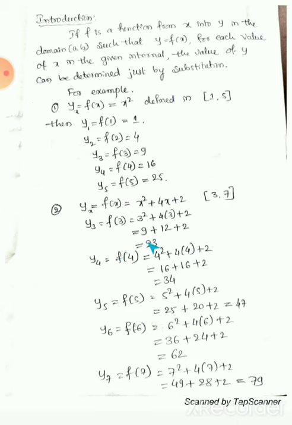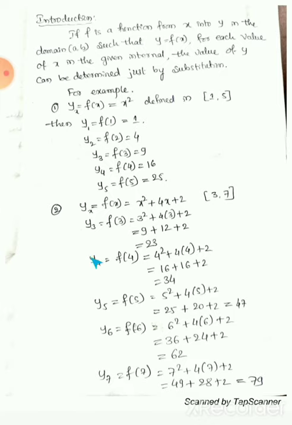Similarly, take a second example. y is equal to f of x is equal to x square plus 4x plus 2, in the interval 3 to 7, just as an example for your reference. The y value at x is equal to 3, I denote as y3. There is no big difference here, whether y1 or y2: this is the first value of y, but the first x value is 3.